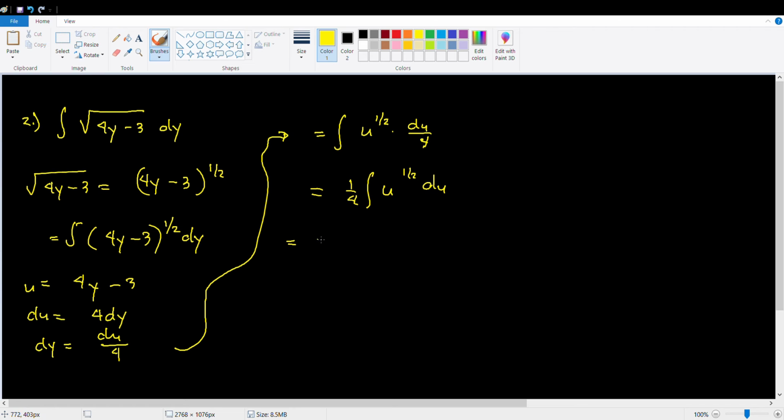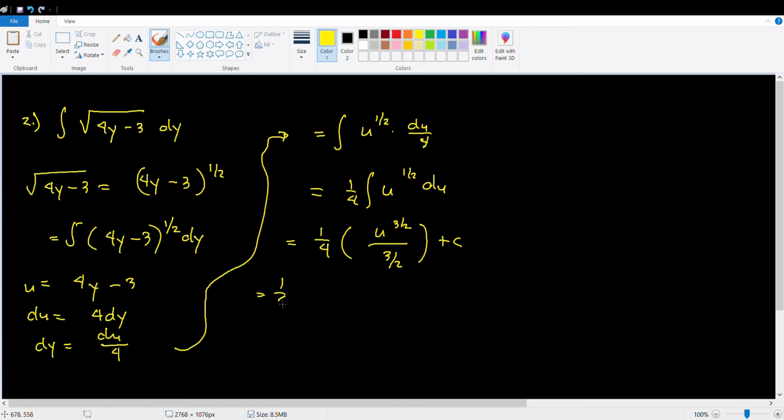Now what I'm going to do is to just add 1 to this exponent. So u raised to 1/2 plus 1 is just equal to 3/2 over 3/2 plus c.